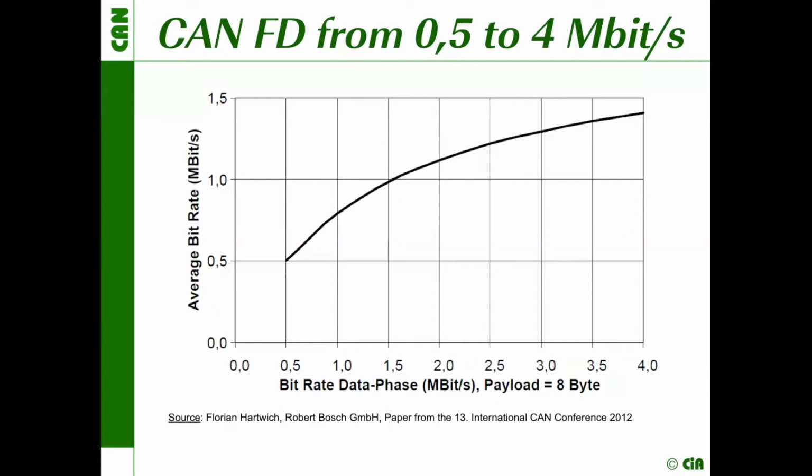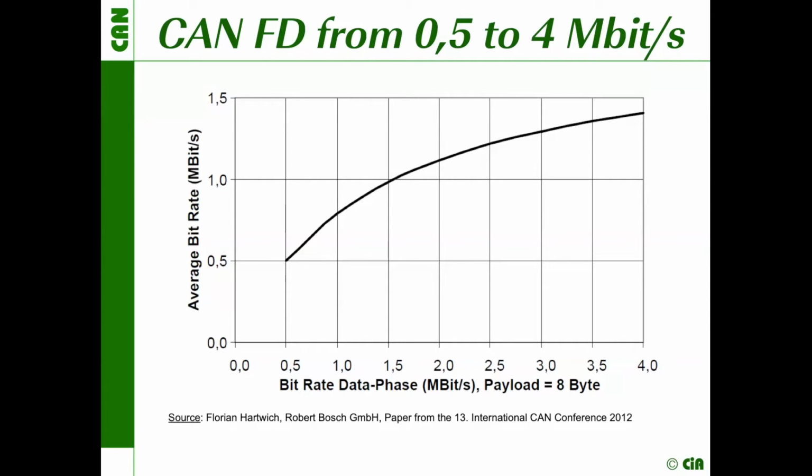If we increase the data rate up to 1 megabit per second, we already have roughly maybe the average bit rate of 0.8 megabit per second. If we increase just the data rate, we are still talking about an arbitration rate of 500 kilobit.